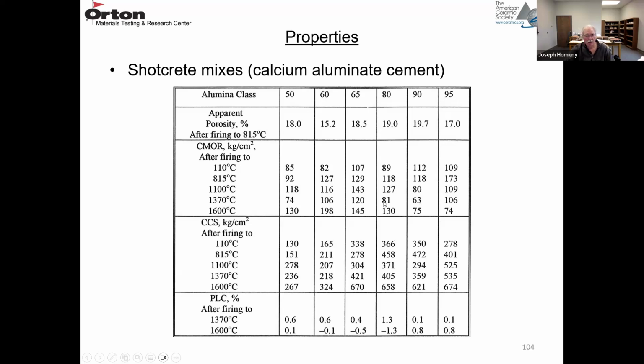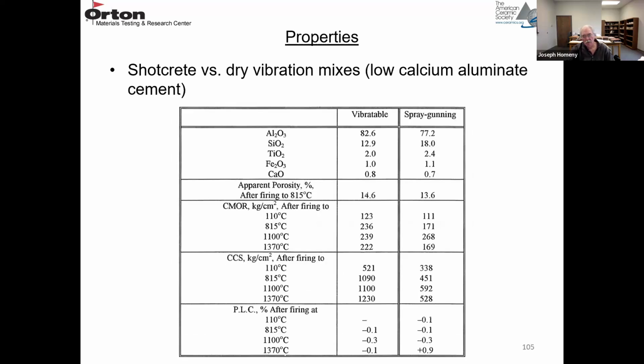So they're maintaining their strength a little bit better than for a gunning mix. And again, the percent linear changes are not that big. And these are pretty good porosities after firing at 815 degrees C. They're not that bad. So shotcreting is better than gunning in terms of providing a higher density.